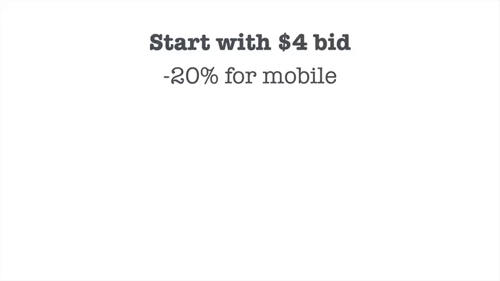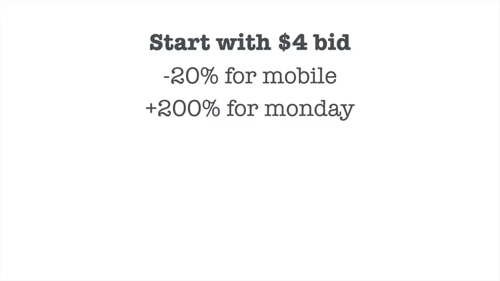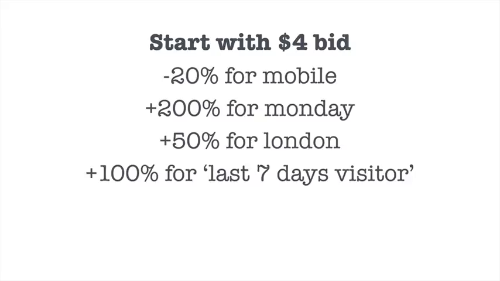So it's in a campaign, for the sake of argument, which has a decrease by 20% bid adjustment for mobile. We know that Mondays have been really good for this particular account, so we've got a bid mod there to increase our bid triple on Mondays, plus 200%. We can also see that this person's searching from London. We know historically that's been really good, so we've got our geography bid mod there of plus 50%.